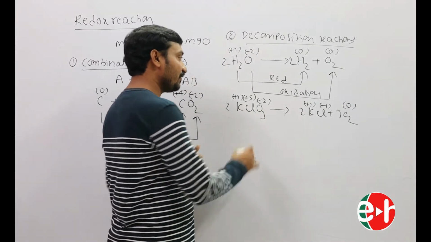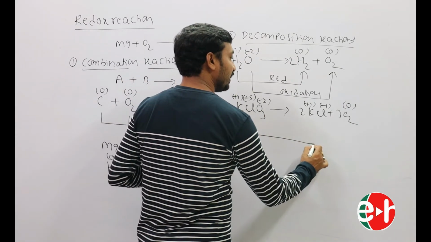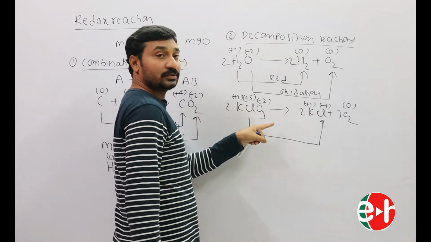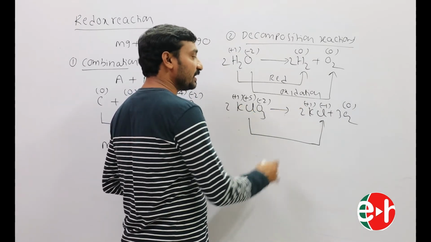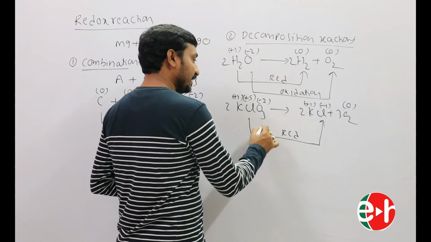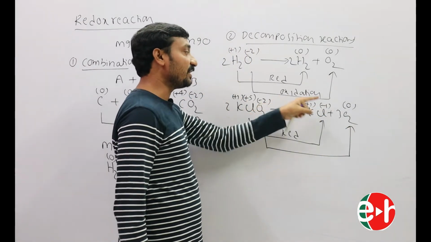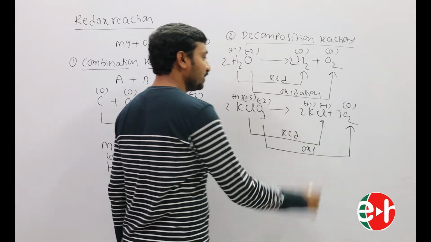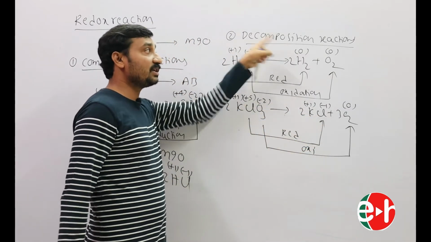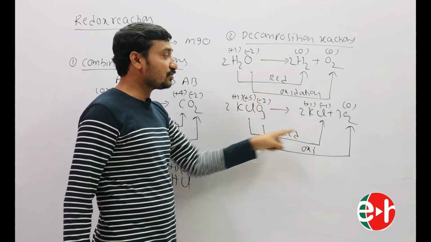Now, plus 5 to minus 1 is reduction because the oxidation number decreases. Next, minus 2 to 0, the oxidation number increases. That's why this is oxidation. So this is an example of a decomposition reaction, and this is also a redox reaction. Why?